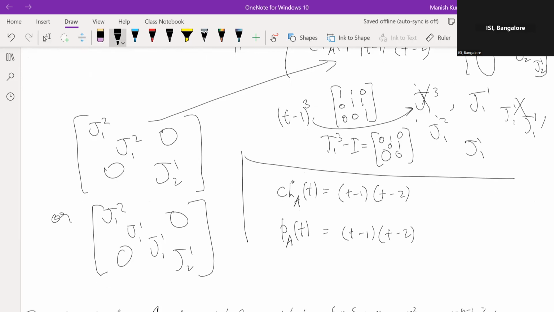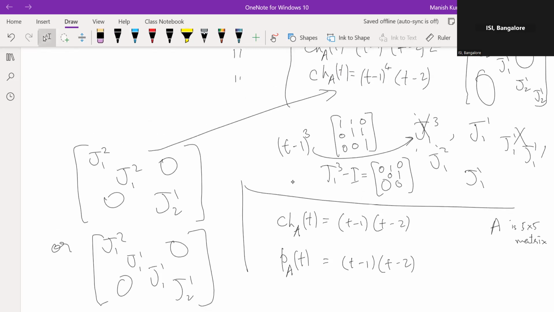And A is a 5 by 5 matrix. So you understand the question, yeah? I want J13 as one of the blocks. J13, remember we discussed what it looked like, yeah? So this is J13. So what should be the exponents?